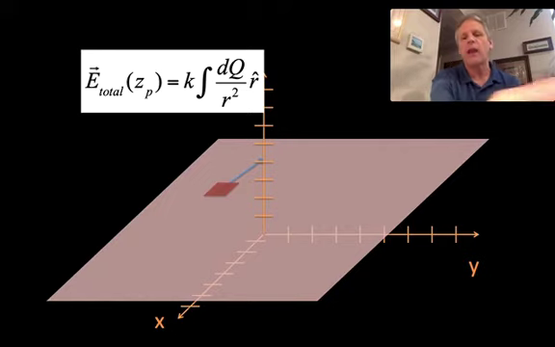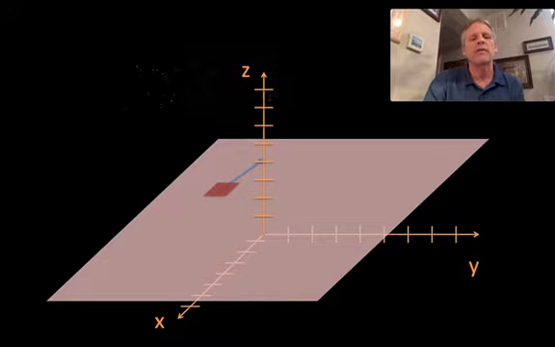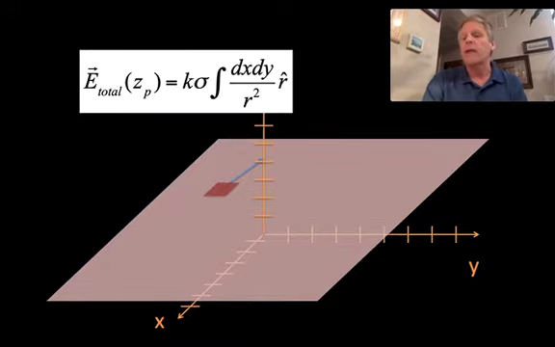I pulled the K out because it's constant, and we'll also pull a couple other constants out in a minute because we know that sigma is also a constant. So we have replaced the dq with sigma dx dy. Now all we need to do is this integral. We know R hat, we know R squared, we know K, we know sigma. We could almost say we're done with all the physics, but we'll take it one more step.